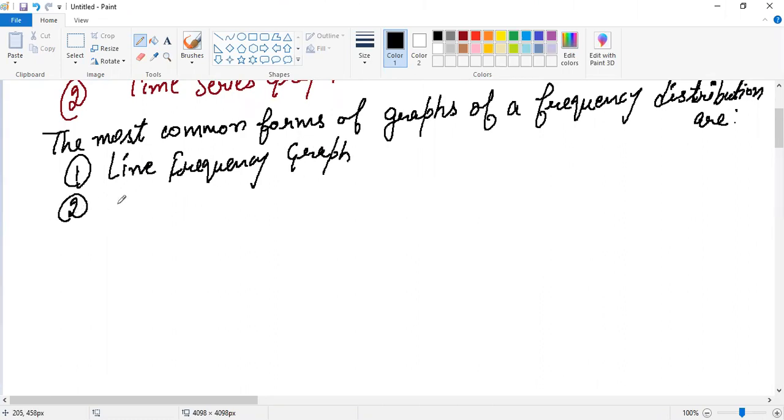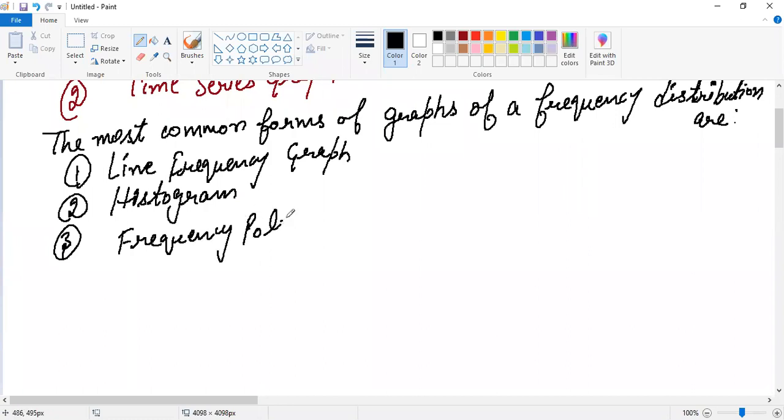Second is histogram. Third is frequency polygon. Fourth is frequency curve.